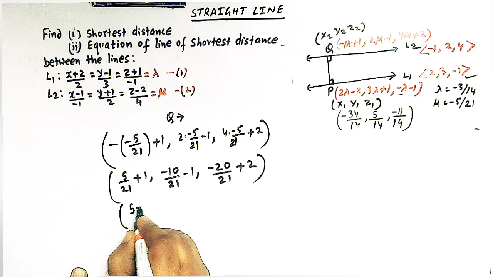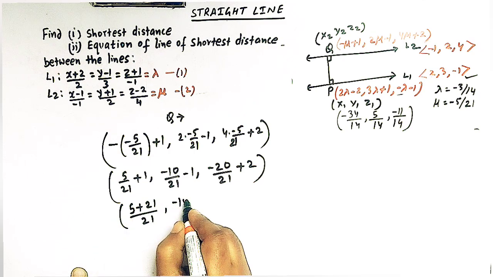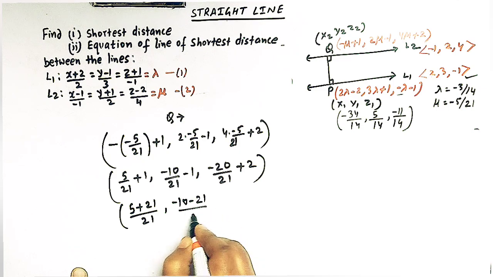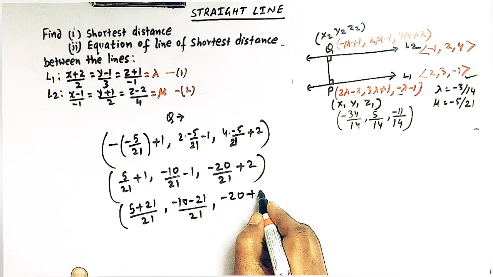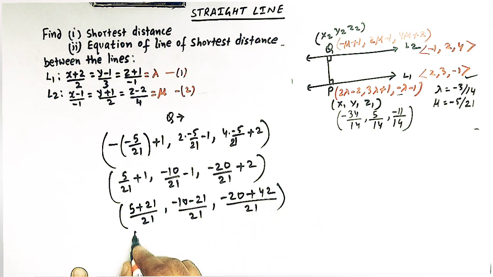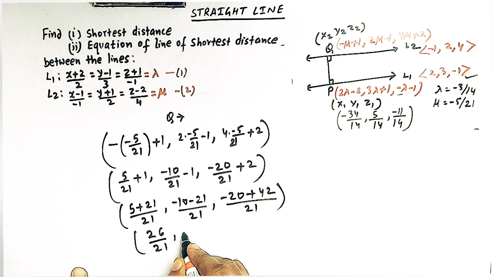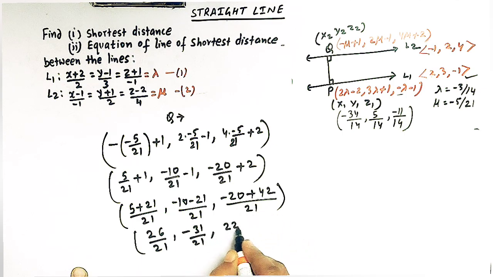So this is 5 plus 21 over 21, minus 10 minus 21 over 21, and minus 20 plus 42 over 21. So this is 26 over 21, this is minus 31 over 21, and this is 22 over 21.